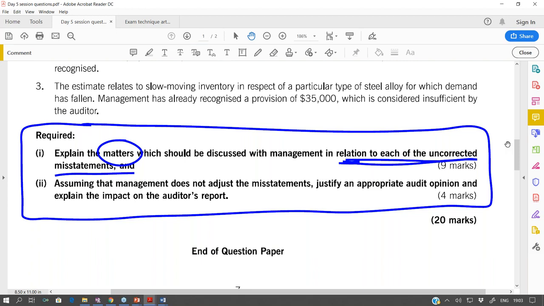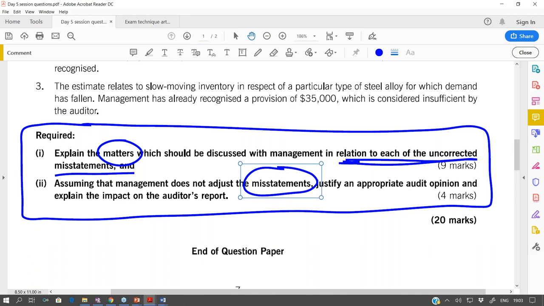And we need to explain the matters which should be discussed with management in relation to each of the uncorrected misstatements. Then in the second part, the examiner says, assuming that the management does not adjust the misstatements. Plural.